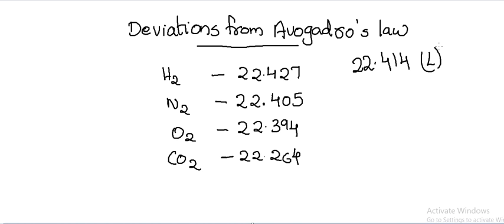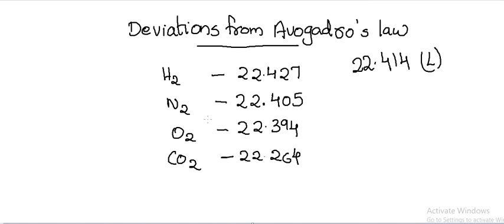There are some deviations from this value. For example, hydrogen shows molar volume at STP as 22.427.